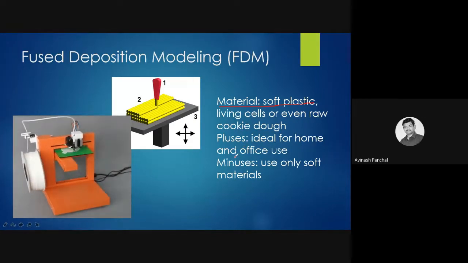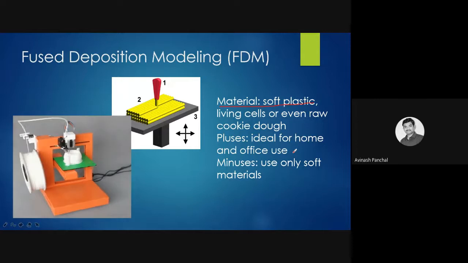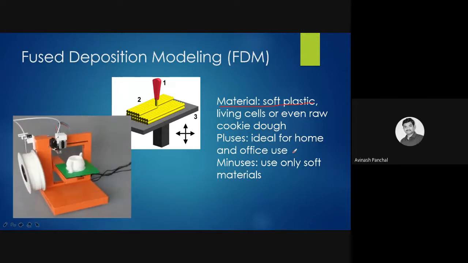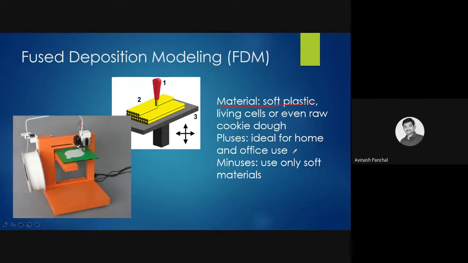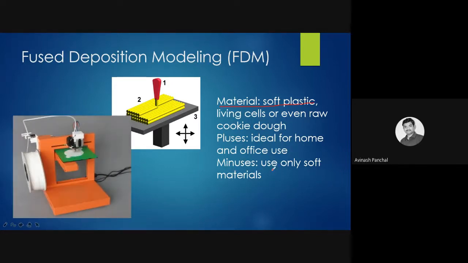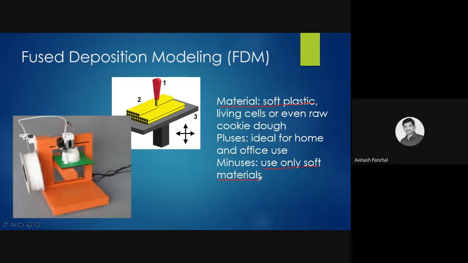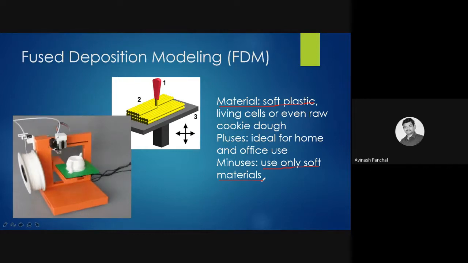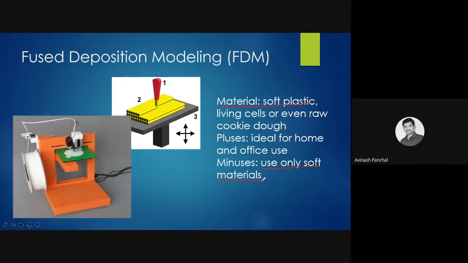It is ideal for home and office use, because we can make utensils with the help of this printer. But you can use only soft material. It is the demerit of this fused deposition modeling, that is the FDM method.